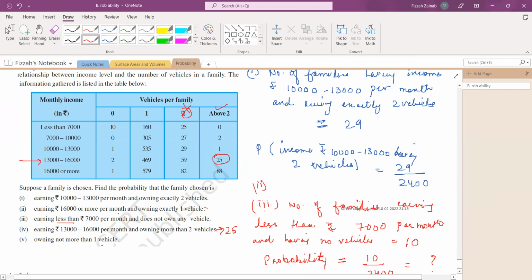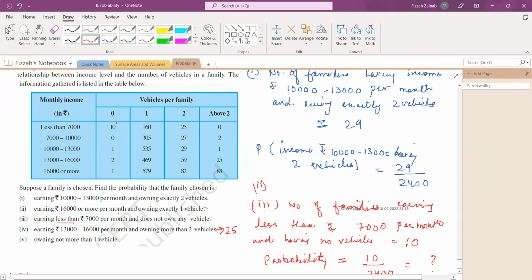Now see, owning not more than 1 vehicle. Now see the last part. Here the income is not mentioned. He is saying owning not more than 1 vehicle. So basically you have to see in every income group, and not more than 1.